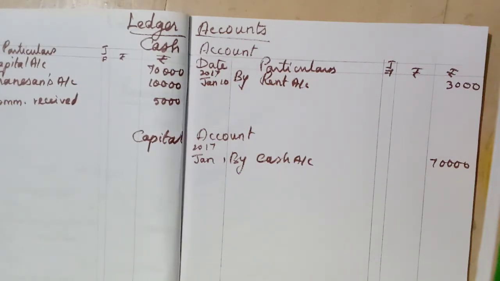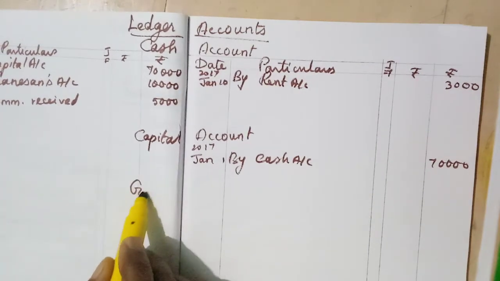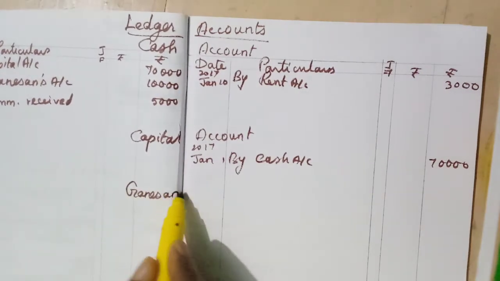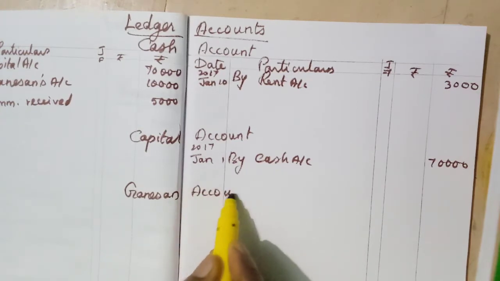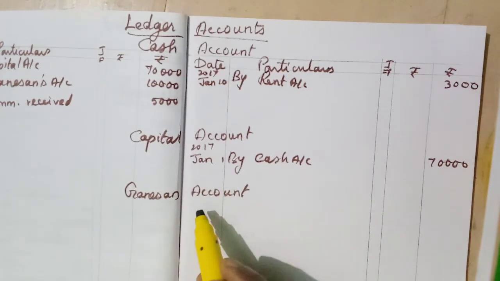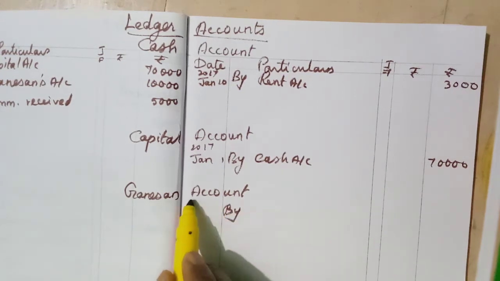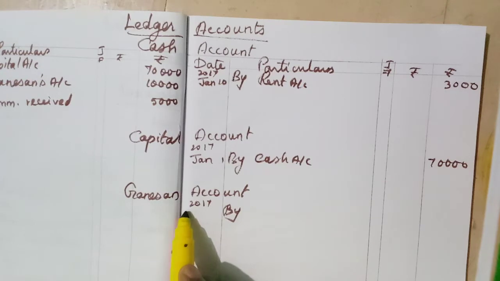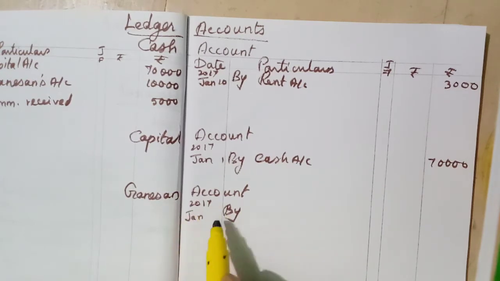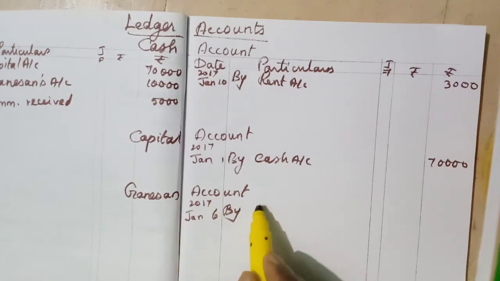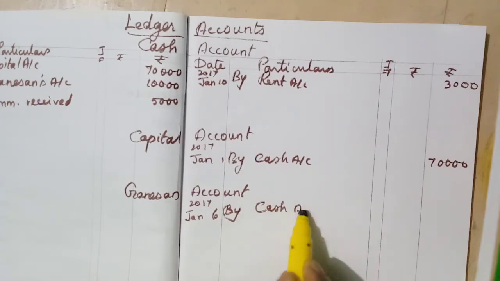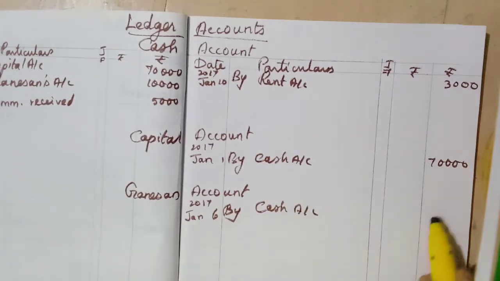That cash received from Ganesan. Again cash account we have posted. Then now Ganesan account. Cash account debtor to Ganesan. Ganesan is credited. So credit side we need to write date 2017 January 6 by cash account 10,000.